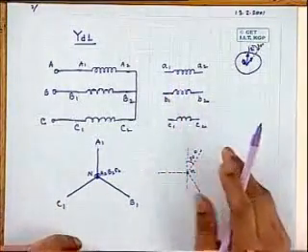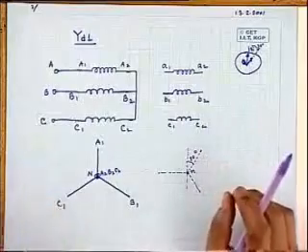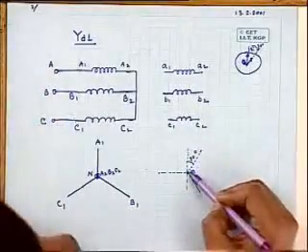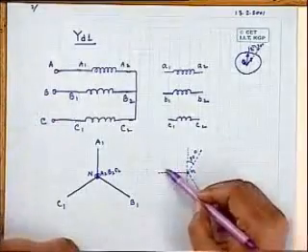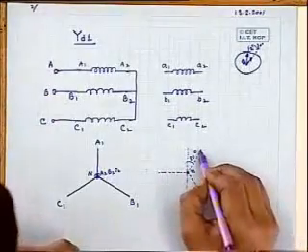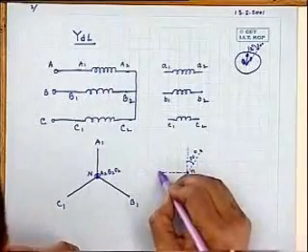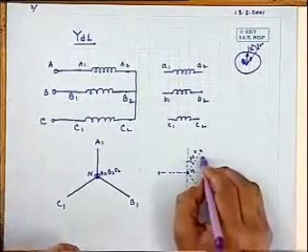Now, after the correct delta connection, we know that with respect to the artificial neutral, the phase voltages of the secondary should be the same. So these lengths will be equal. Suppose this measures the voltage of each side.